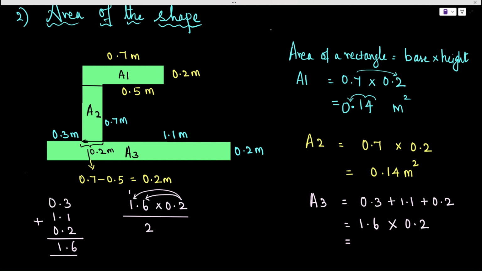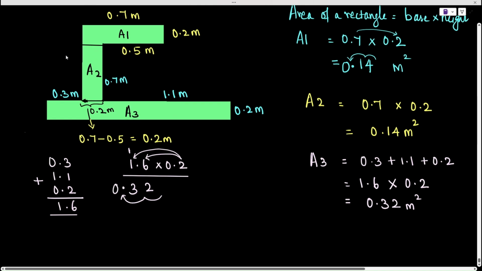We add our 1, which gives us 3. And we have now two numbers again on the right of the decimal point. So we move 2 places over and we put our decimal point. And this gives us a value of 0.32 meters squared for the third area.